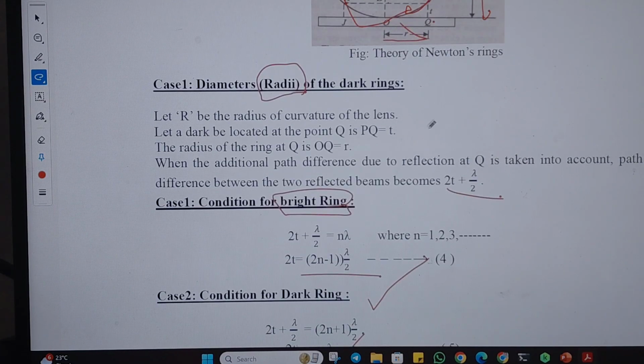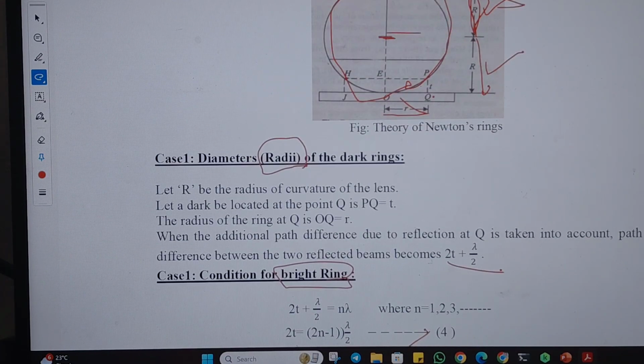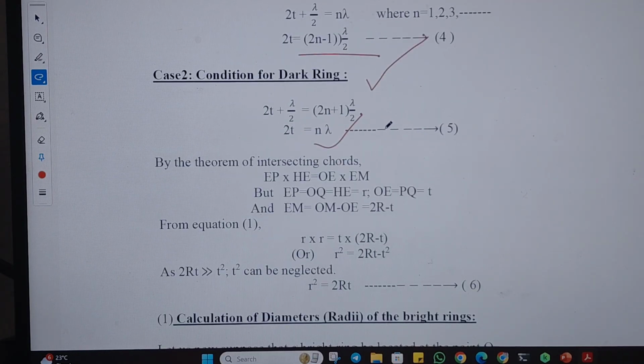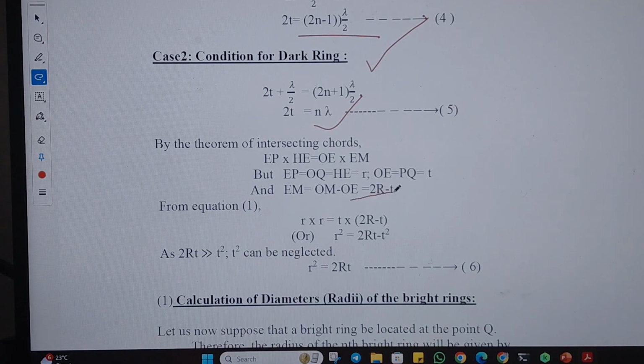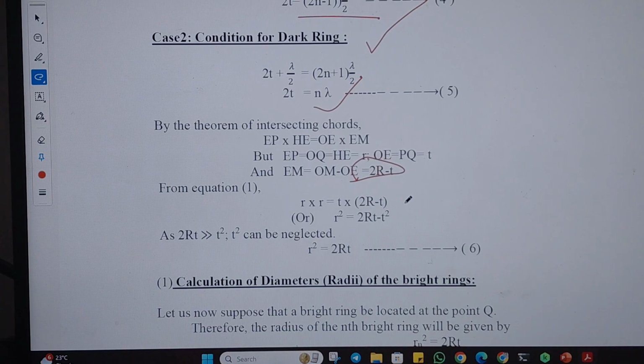Here it is 2R, that is two radii, and the thickness t, so it is 2R minus t. Remember here we are representing two radii.